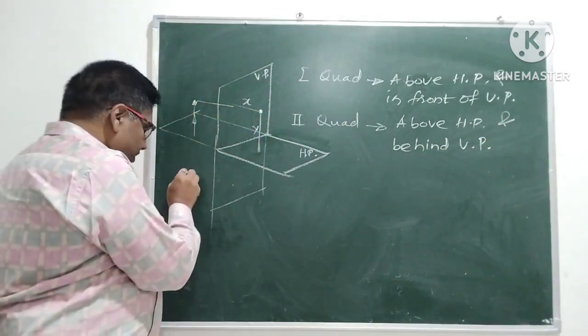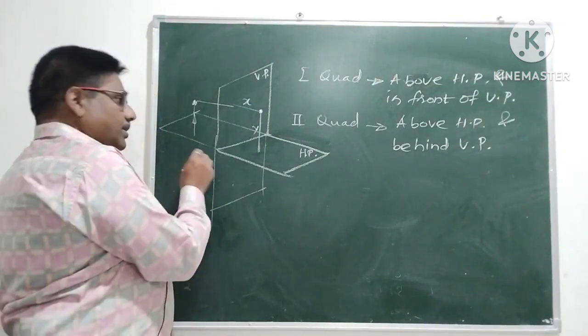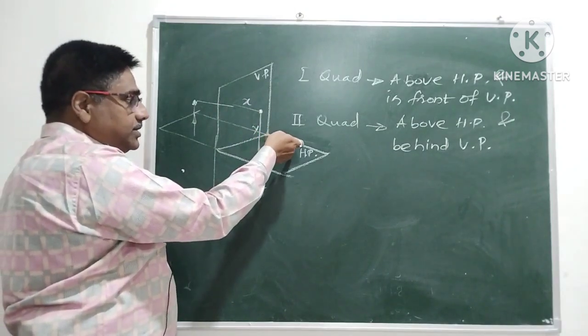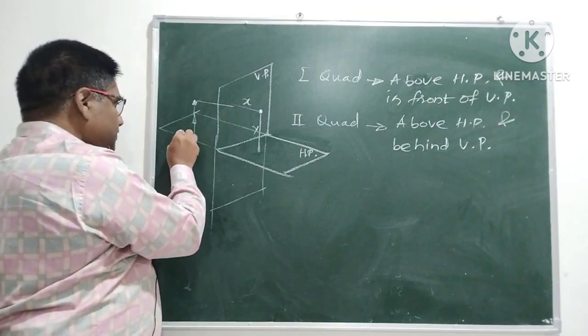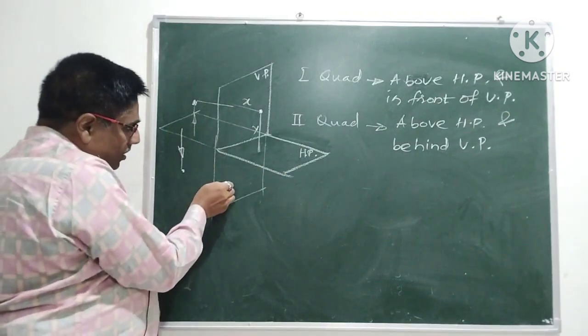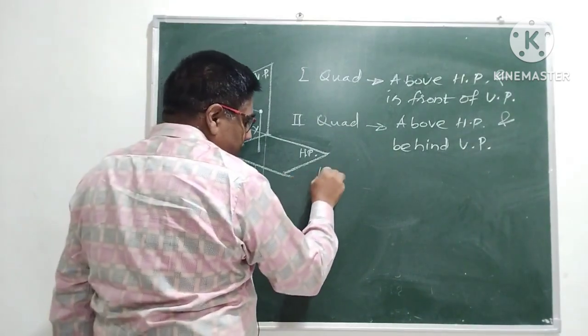Now, if we keep a point in the third quadrant with reference to these two reference planes, HP and VP, how do we specify this point, how much it is below HP and how much it is behind VP? What wording should be used?